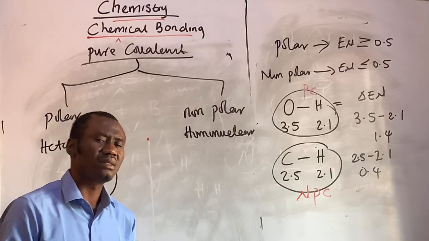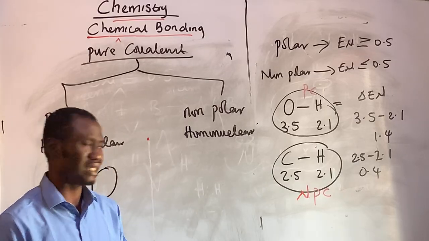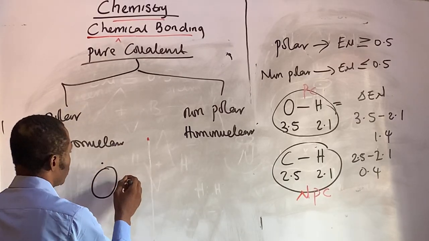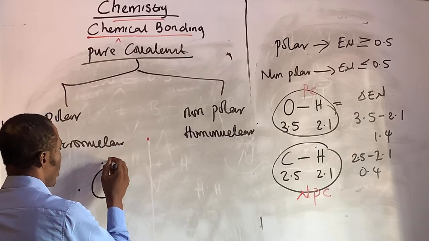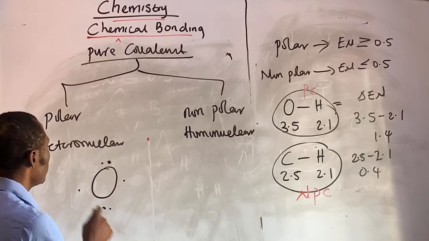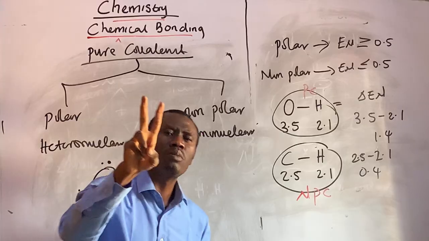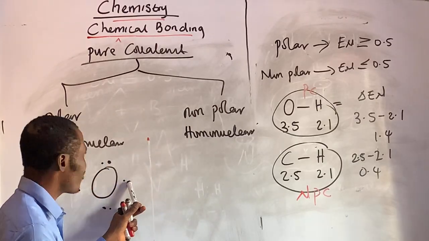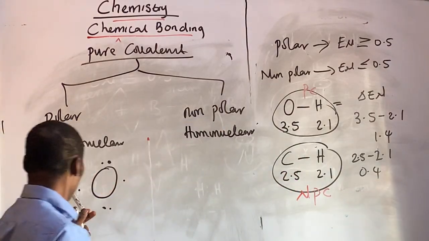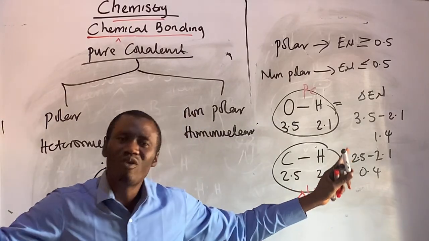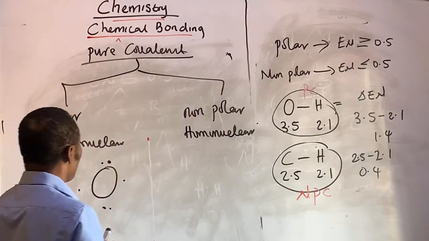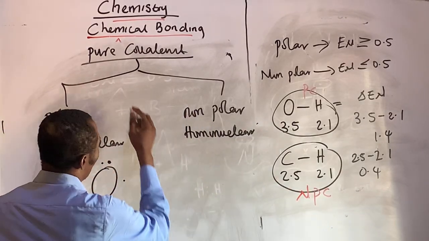All right, 8 minus 2, that will remain 6. So we have 1, 2, 3, 4. Put a 1 here, put a 1 here. Now, oxygen has the ability to form a double bond, because if one from here holds on to another one from here, they will form a double bond.